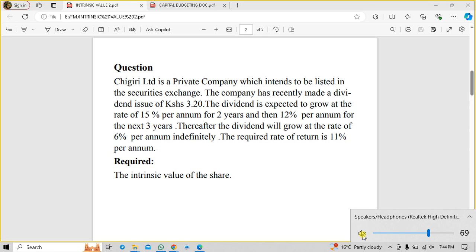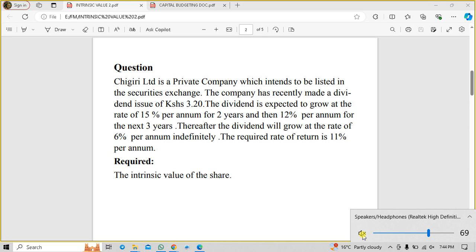When I tell you that in the first year the dividend was 3 shillings, and in the second year the dividend grew at the rate of 10%, you will not be stranded on what that means. So people buy shares because of capital gains.